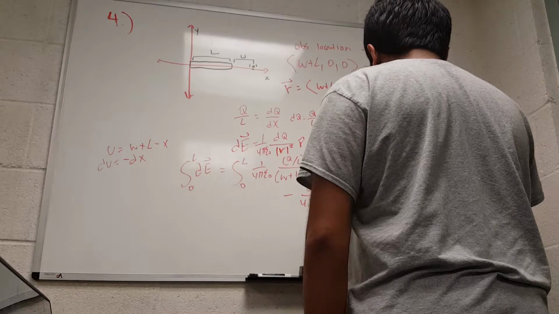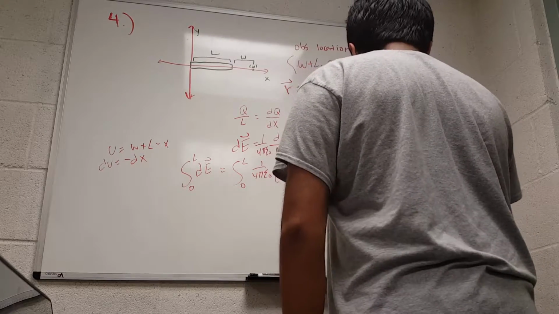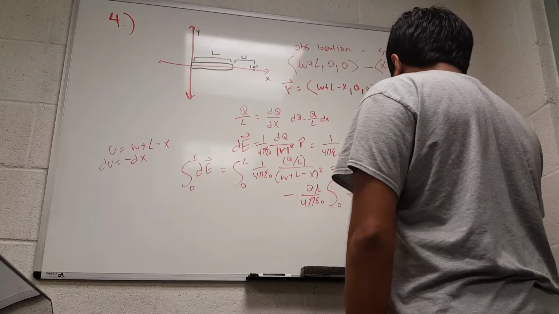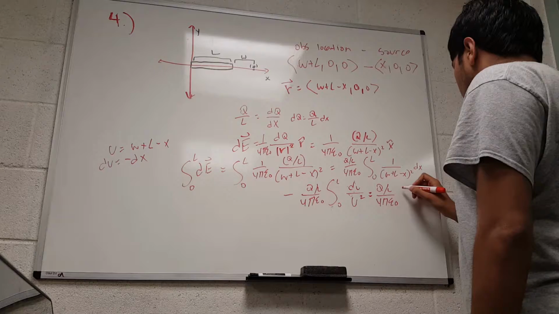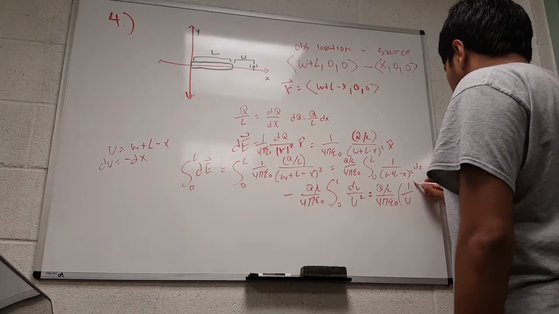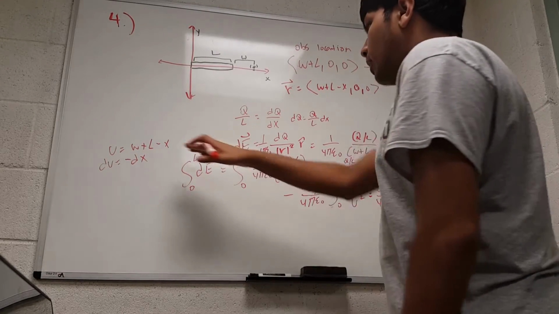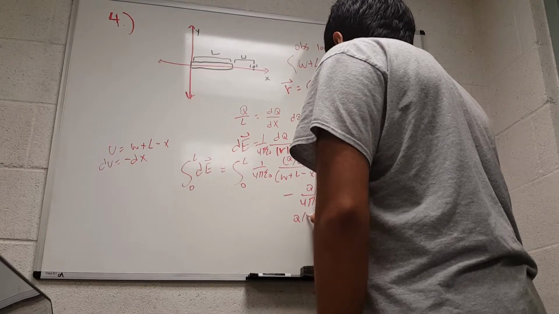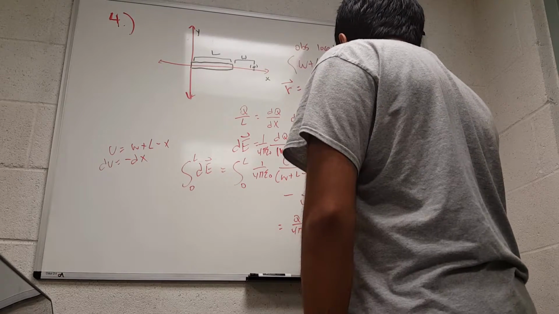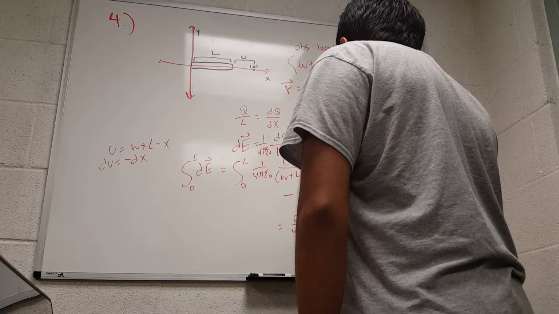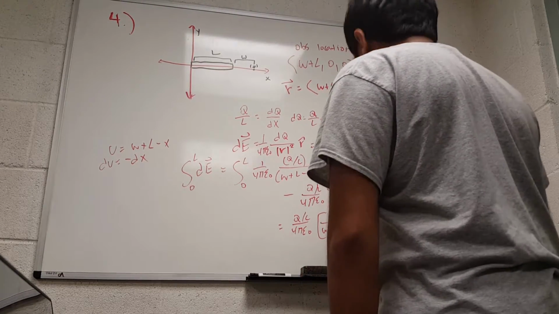So it's 1 over 4 pi epsilon naught equals Q over L times 1 over 4 pi epsilon naught times 1 over u evaluated from 0 to L. You substitute u back in, you determine that it's Q over L over 4 pi epsilon naught times 1 over W plus L minus L minus 1 over W plus L minus 0.